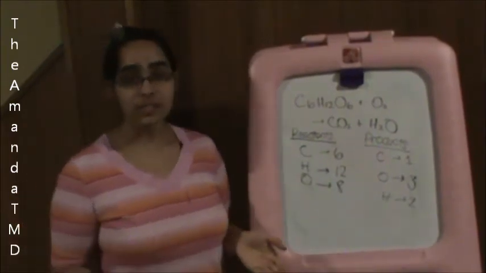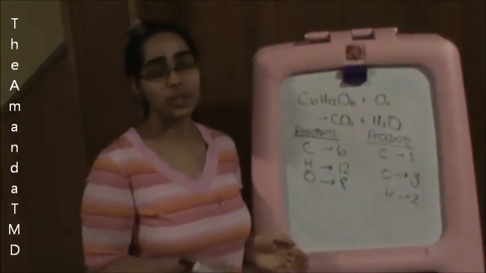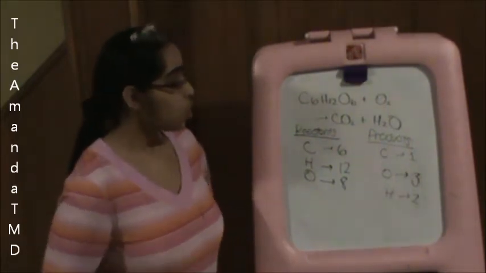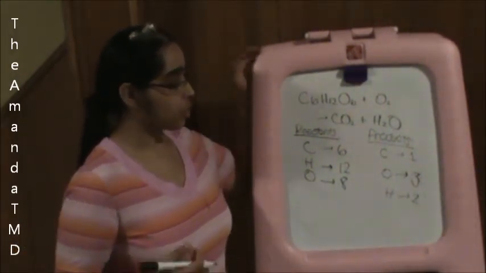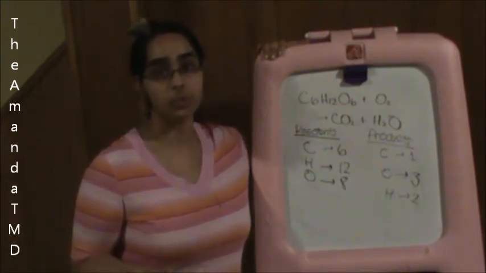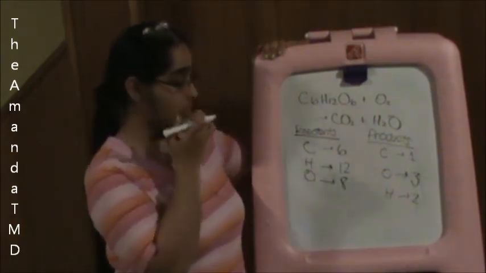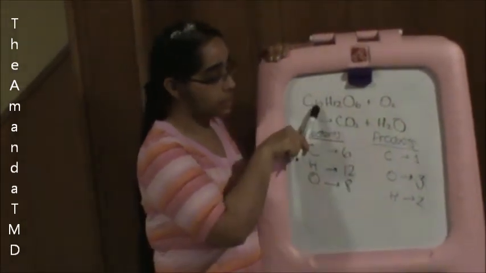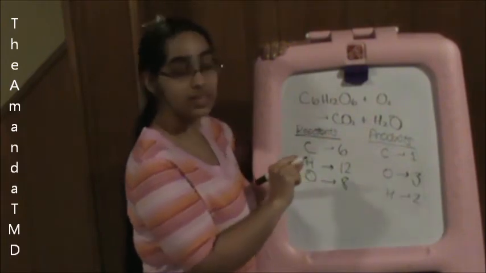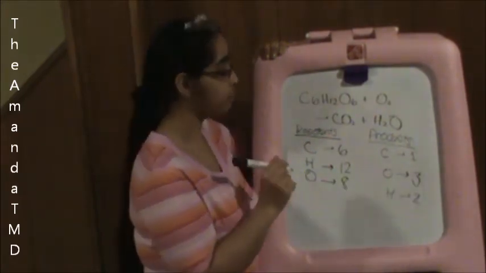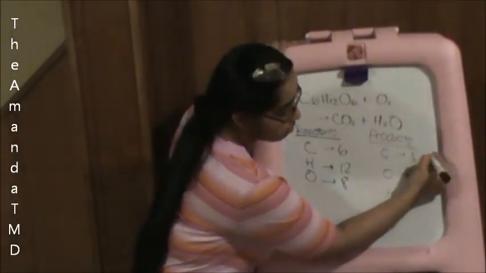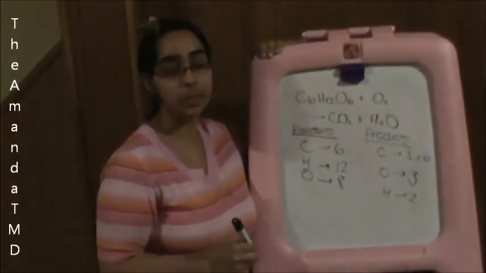Now, if you guys have taken biology, you probably already know what this balances out to be, but still I'll take you guys through the process. So first you look at your carbons. You always look at your first non-oxygen or hydrogen atoms. So in this case, since it's carbon, I see that I have 6 more carbons on my reactant side than I do on my product side, which means that I'd have to multiply this by 6 to balance off my carbons.